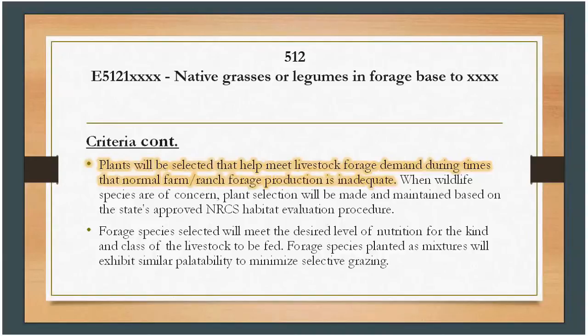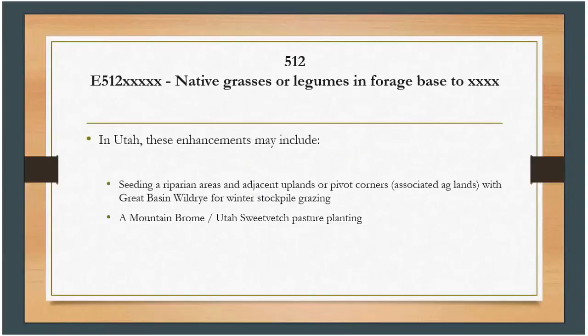This is a tough one, and so I think this set of enhancements is going to be tough for us to use with the native constraint. So, yeah, in Utah, here's the only idea I could come up with.